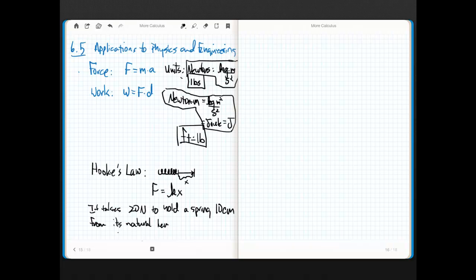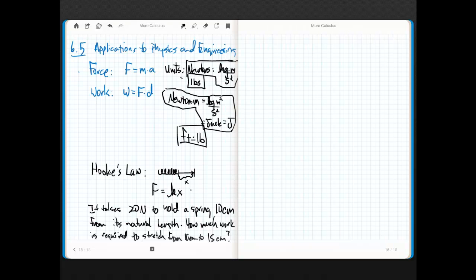How much work is required to stretch it from 10 centimeters to, let's say, 15 centimeters? Now, let's go nice and easy here. We're going to use Hooke's law. We're going to figure this thing out.